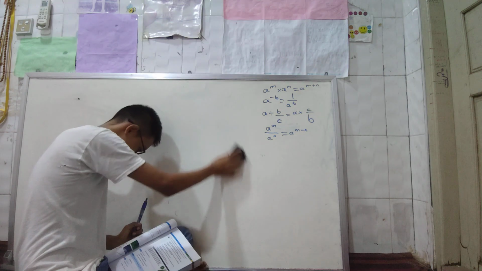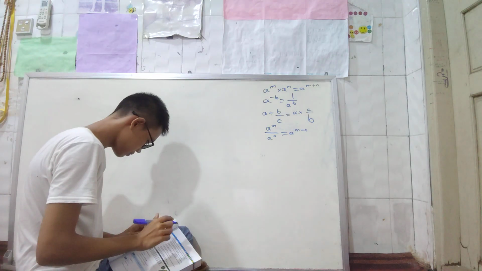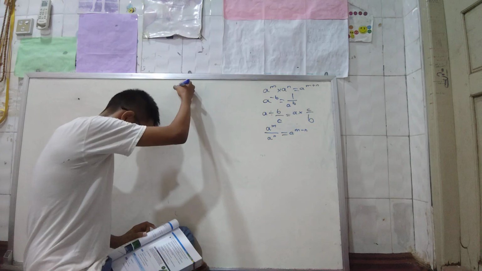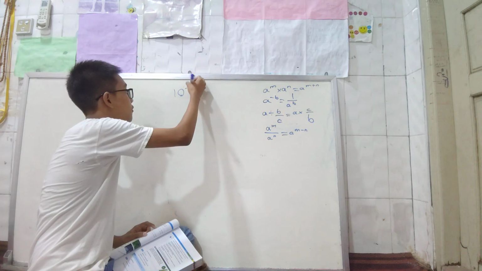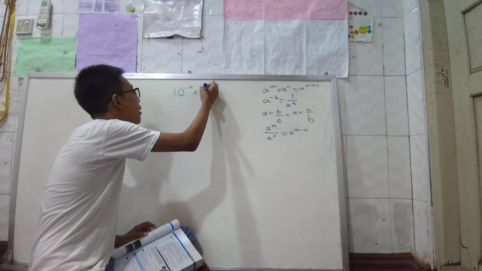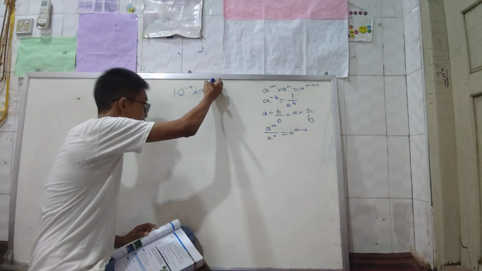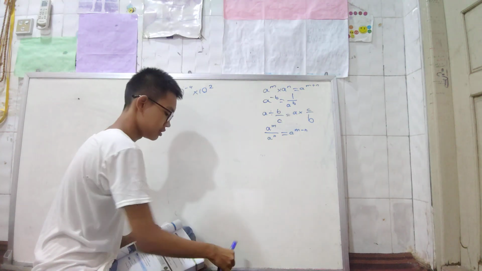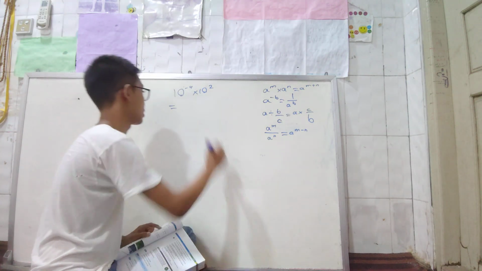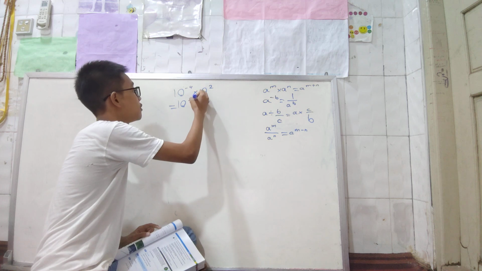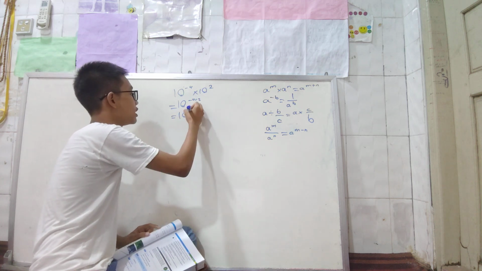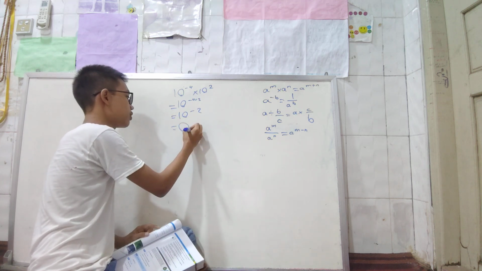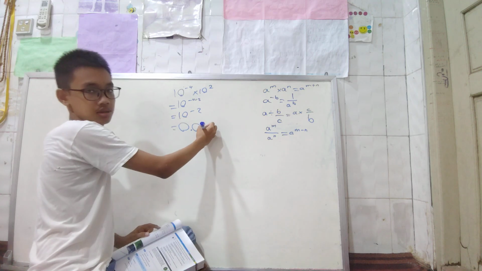So let's see, number 5. That is 10 to the power of minus 4 multiplied by 10 to the power of 2. And then we use this rule here. So 10 to the power of minus 4 plus 2, which is 10 to the power of minus 2, which is then 0.01.